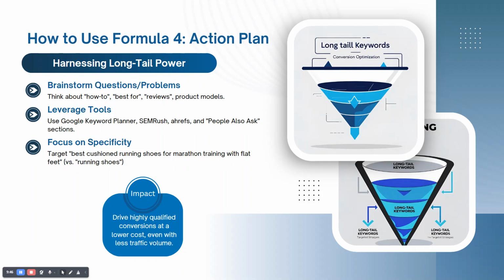And then you need to focus on specificity. You can target a keyword like best cushioned running shoes for marathon training with flat feet versus only running shoes, because long tail keywords have a higher impact and people generally convert more on long tail keywords as compared to short tail keywords.